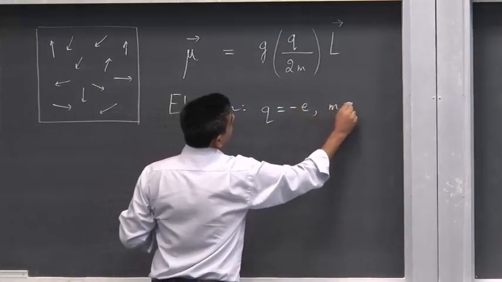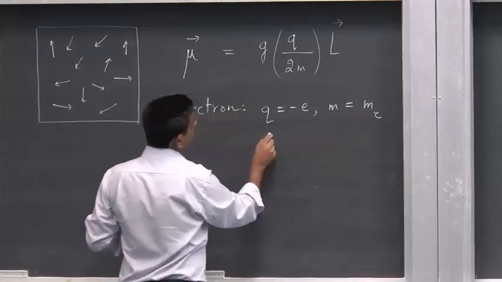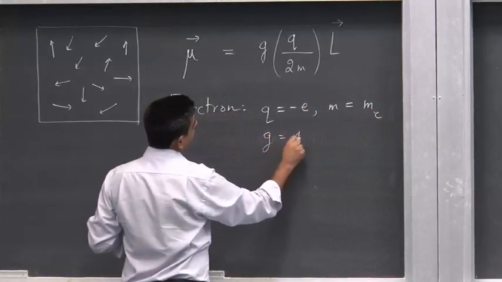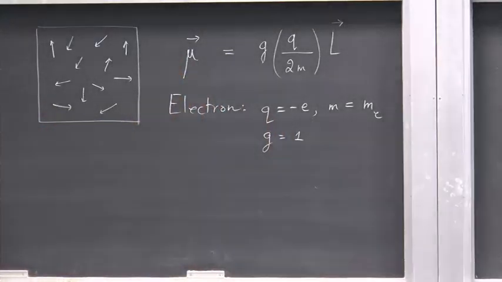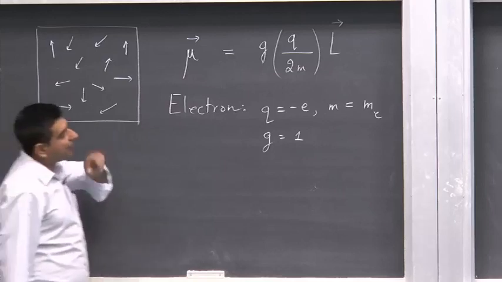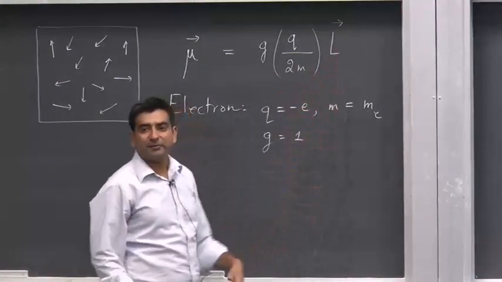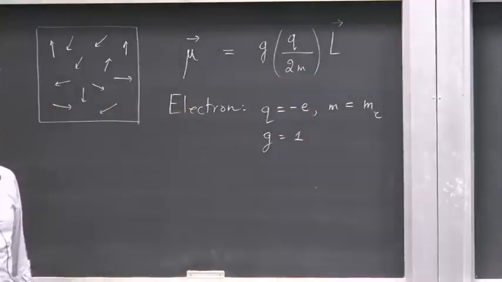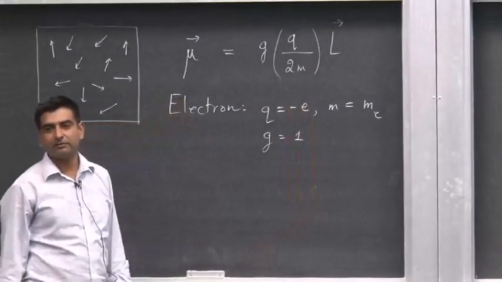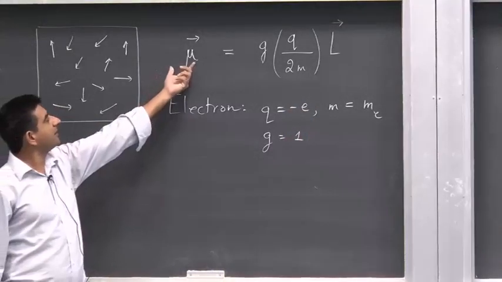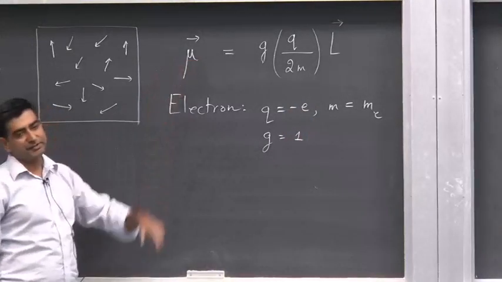The mass is the mass of an electron, and G is 1, as we just noticed. So this is the relationship for an electron. However, we know that this angular momentum is a quantum mechanical object. So this is really an operator in quantum mechanical terms, which imparts an operator characteristic to the magnetic moment.